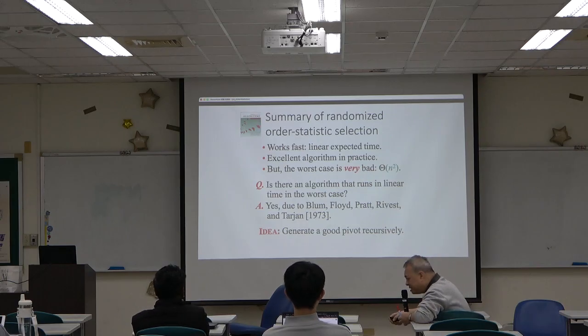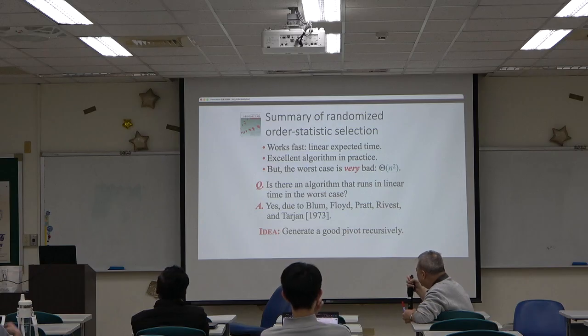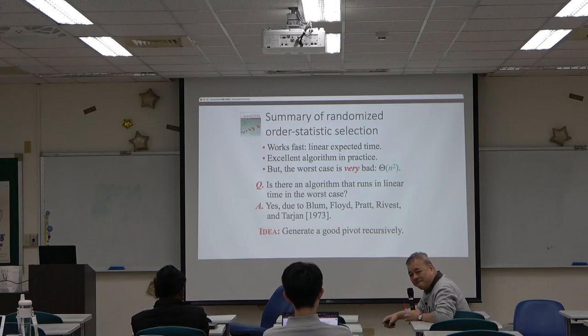The answer is yes. There is an algorithm proposed by Floyd, Pratt, Rivest and Tarjan in 1973 that is able to run in worst case linear time. The idea is to generate a good pivot recursively. How do we do that?